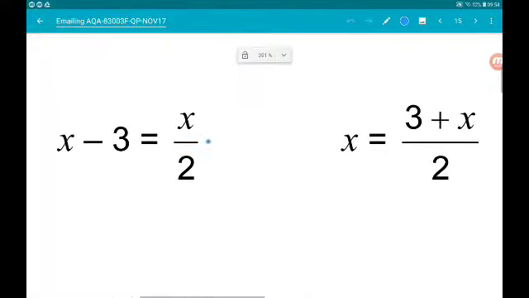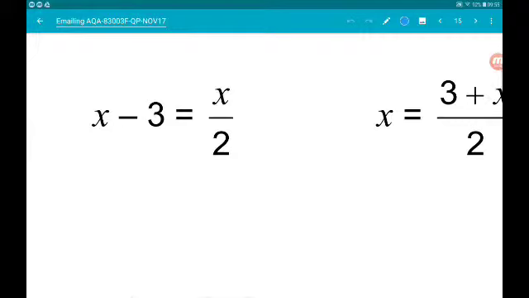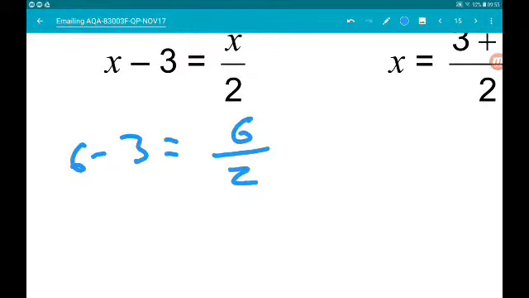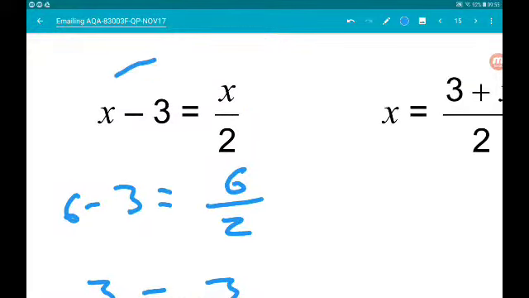So, start with the guy on the left. 6 minus 3 is equal to 6 over 2. 6 minus 3 is 3. 6 over 2 is 3. So, that's nice. That's our guy.